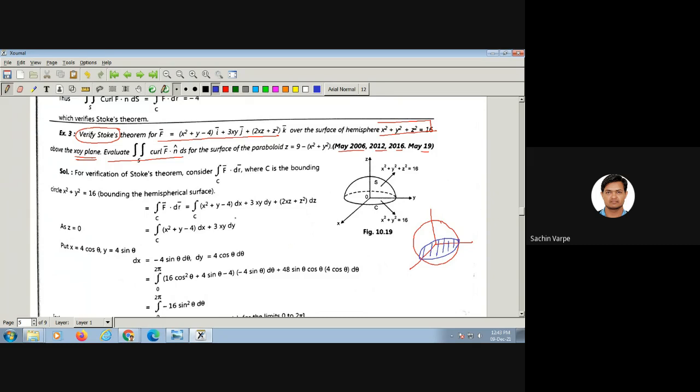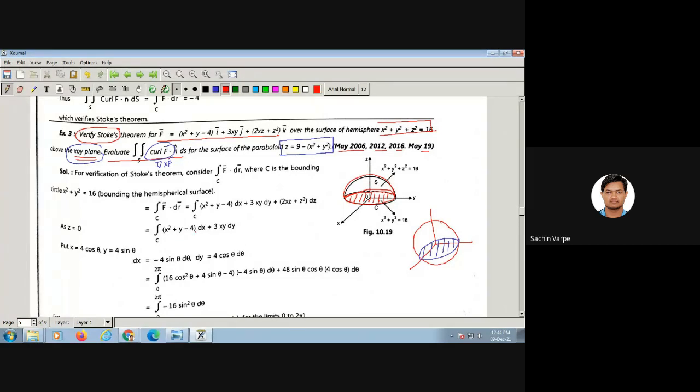So along the XOY plane, evaluate this double integration of curl of f bar, that is del cross f bar dot n cap ds, for the surface of the paraboloid. The half sphere is just like an inverted paraboloid, isn't it? So this is my open surface now.